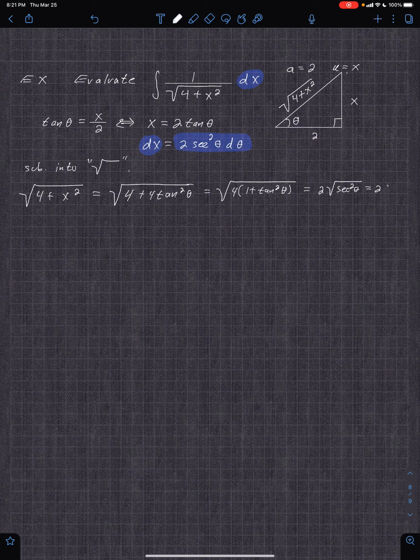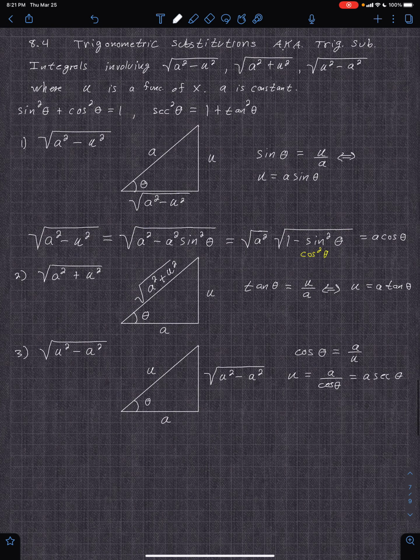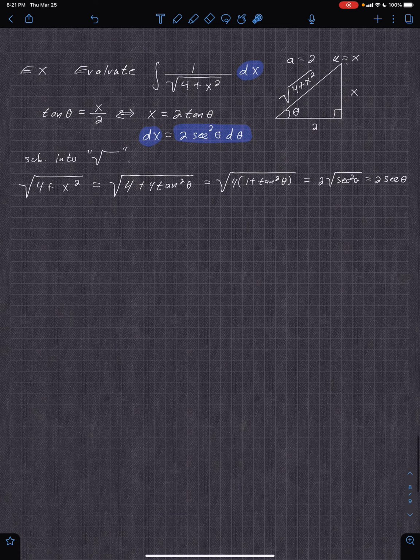That's the manipulation that you end up doing. That's just like doing this one here when you substitute. So all of these have their equivalent substitution into the radical to simplify it. I just didn't show every case because we're doing it right now.